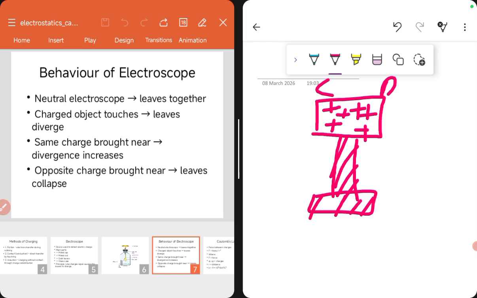But since it is what the syllabus needs, we are going to be learning how to use a gold leaf electroscope. Now, when you bring opposite charges near the leaf, there's going to be a convergence. Convergence is showing repulsion. Let me just give you an example.